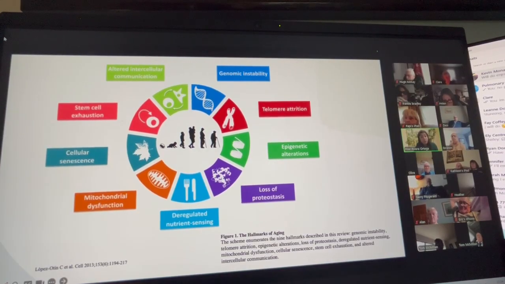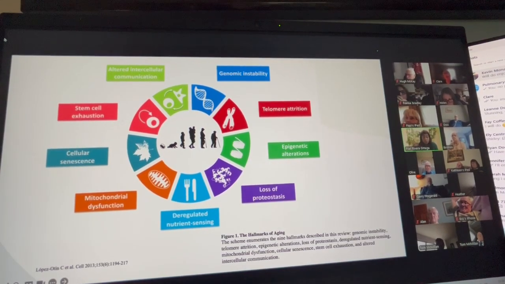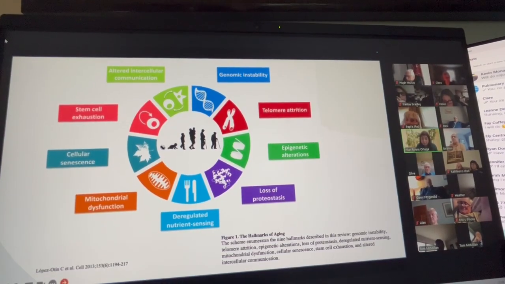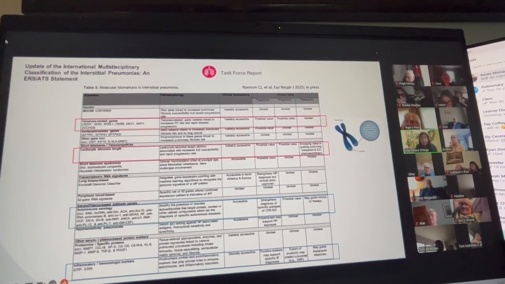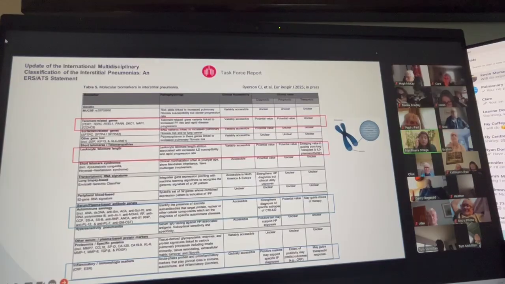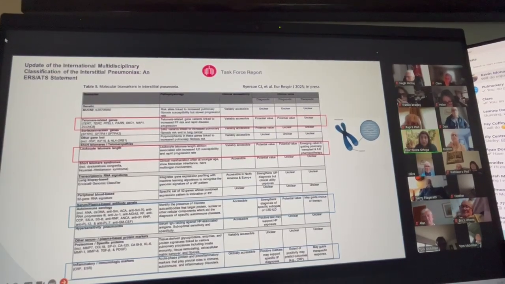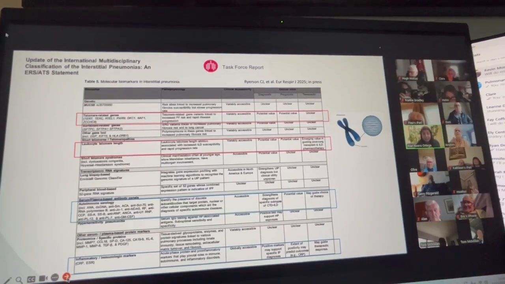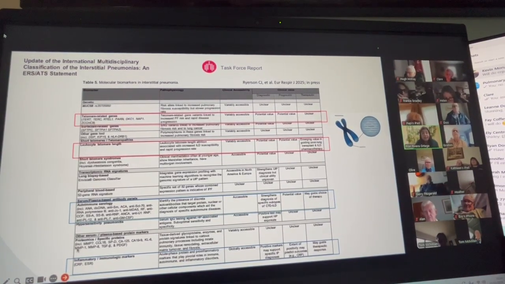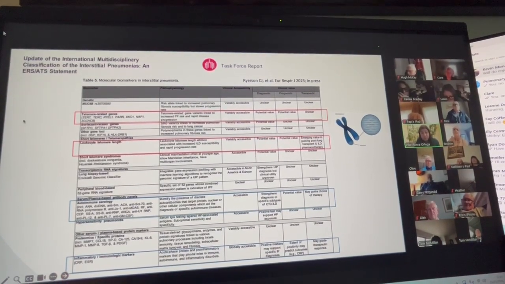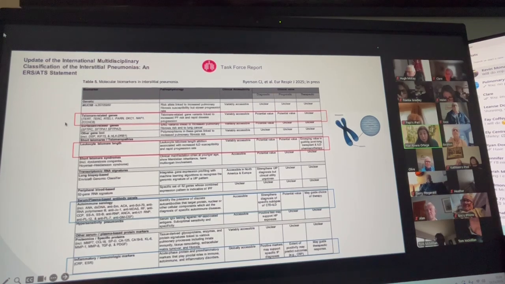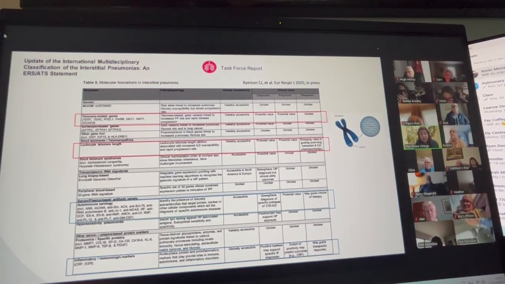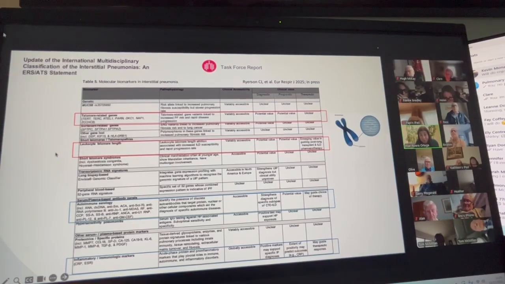That is why, if we know the features that we need to look at, it could be easier to identify properly. Coming back to this busy table, sorry for that, this table is part of the new classification of ILD, and this is table 5. For the first time in this new classification, they include the concept of telomere-related genes and telomere length.